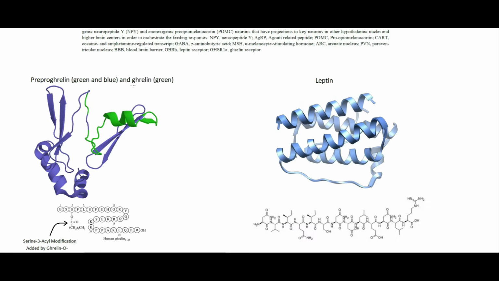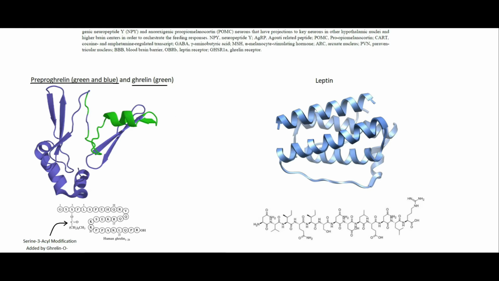So here we have Ghrelin, that's the green part. The pre-proghrelin is the precursor to Ghrelin, which is the hunger hormone. And so that's cleaved, and this green part comes off, and that is then the Ghrelin.